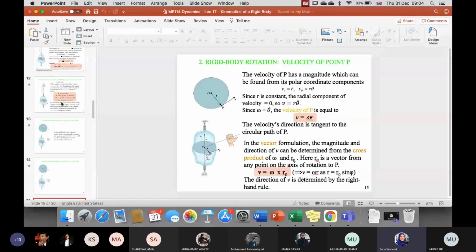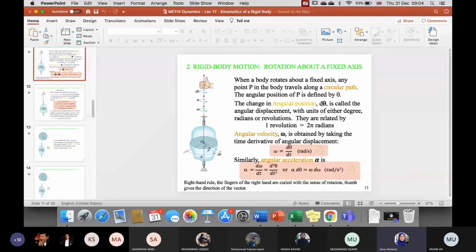Displacement has now become d theta because theta is the position and hence the displacement is d theta. और ये सारी की सारी d theta, alpha and omega, they are the same for the entire body as it undergoes rotation. ठीक?